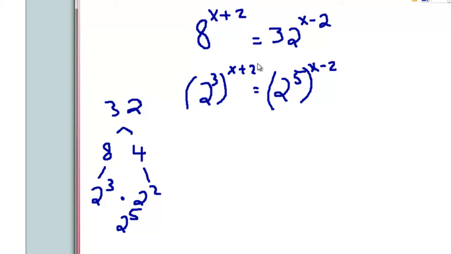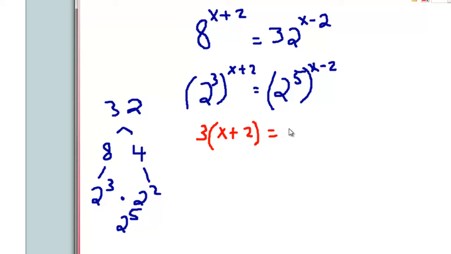And what that means is we have a power to a power, which means we multiply. So as soon as we have the same bases, good to go, same bases. Now we just work with exponents. And since it's a power to a power, basically multiplying, that's going to be 3x plus 2.